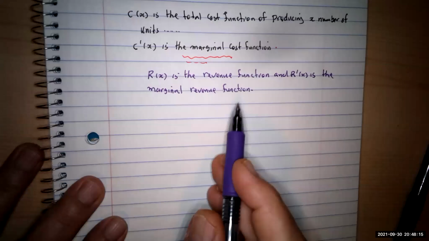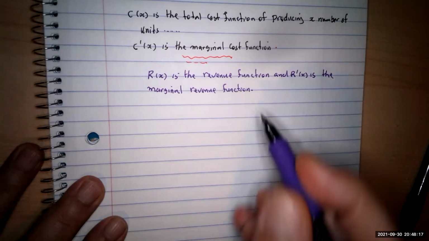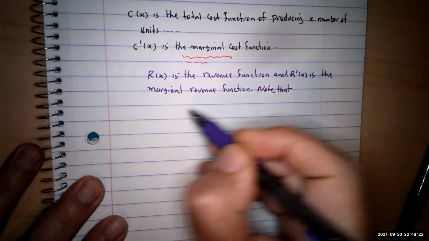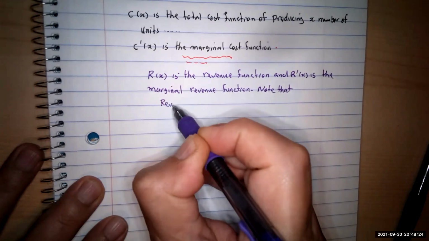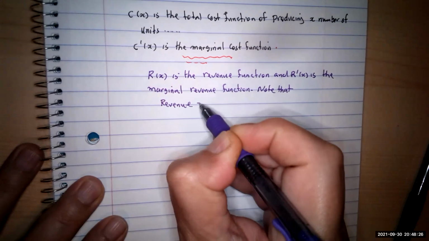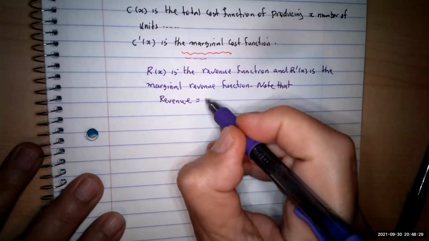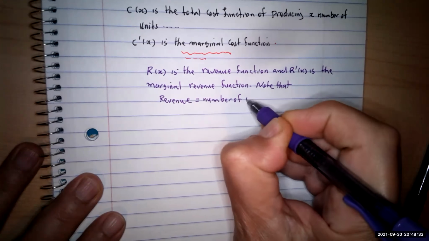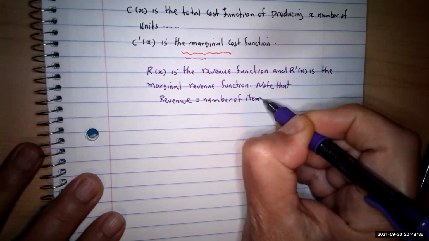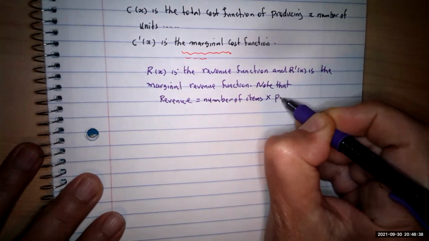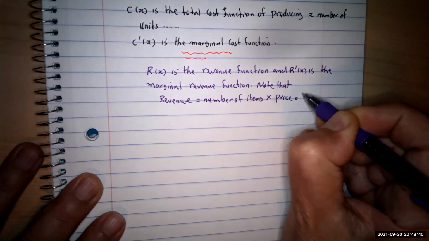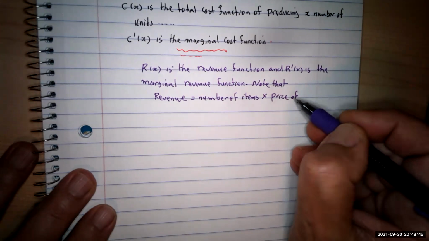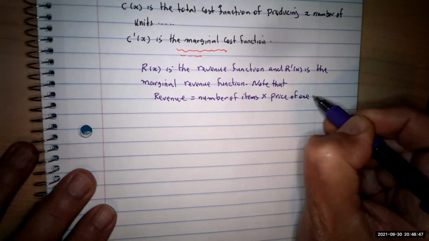Note that if you want to collect the revenue, is simply a number of items or units, whatever it is, you multiply by price of one item. Unit price, we call it. Price of one item.